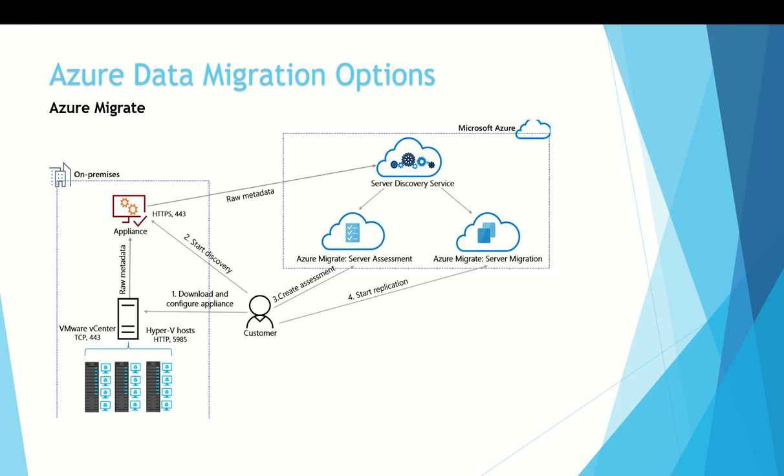For web applications, we will be using the App Service Migration Assistant, a standalone tool to assist with migrating on-prem websites to Azure App Service. Use the Migration Assistant to migrate .NET and PHP web apps to Azure.